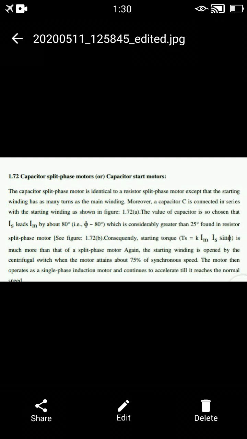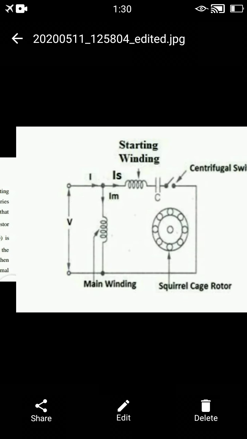This motor has a centrifugal switch. When it opens, the motor attains about 75% of synchronous speed. The motor then operates as a single phase induction motor and continues to accelerate till it reaches its normal rated speed.